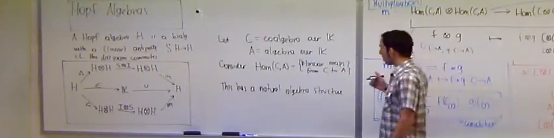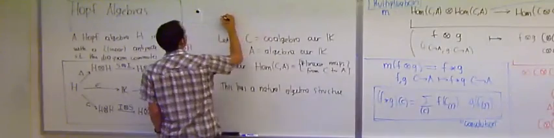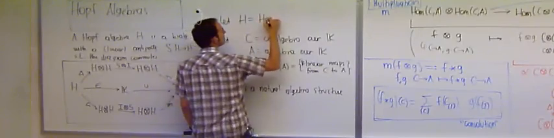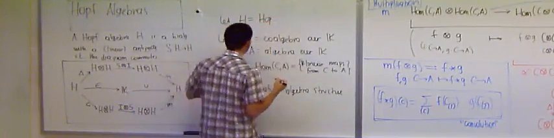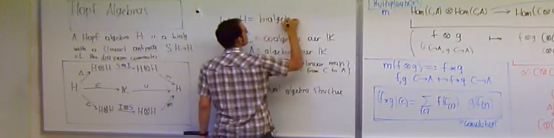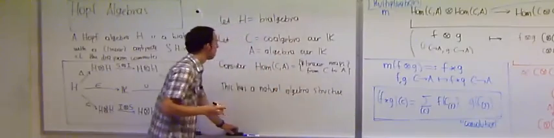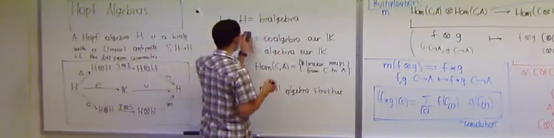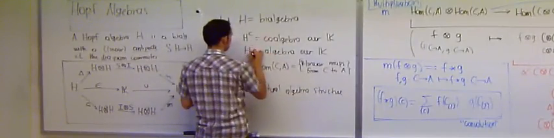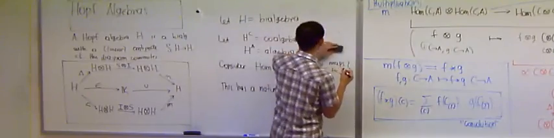Okay, so now let's do the following. Let H be a bialgebra, sorry, not a Hopf algebra. And let H_C be the coalgebra, and let H_A be the algebra.